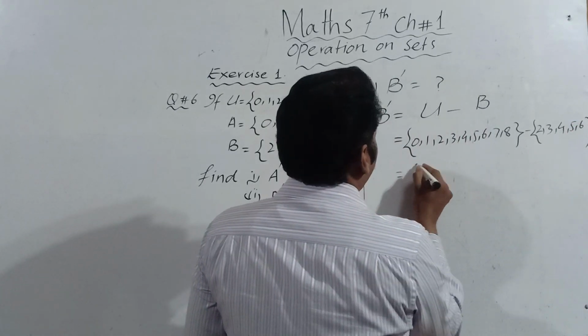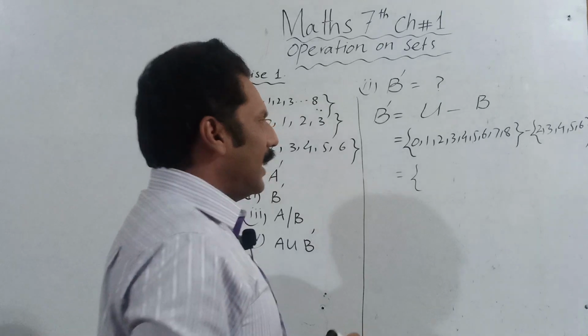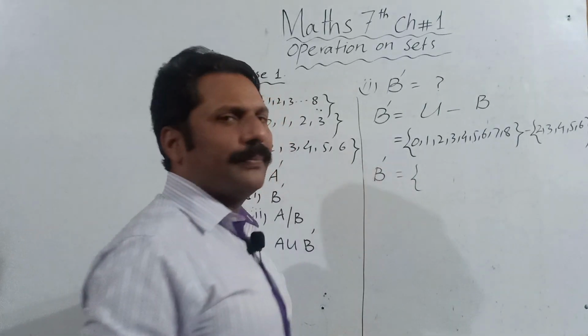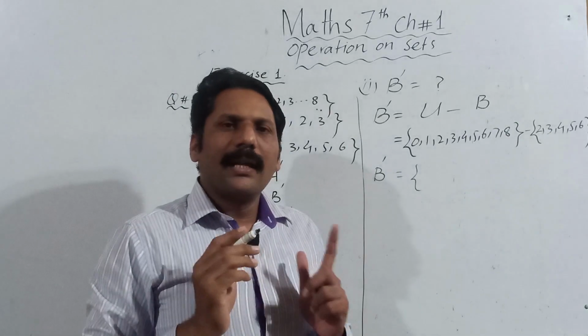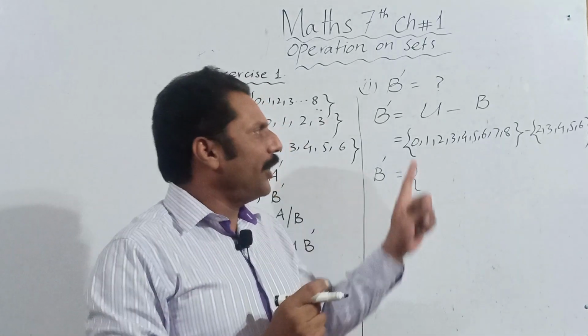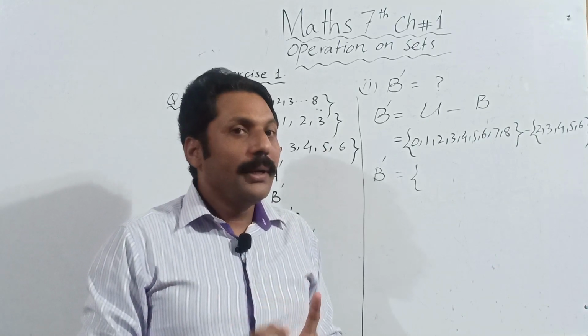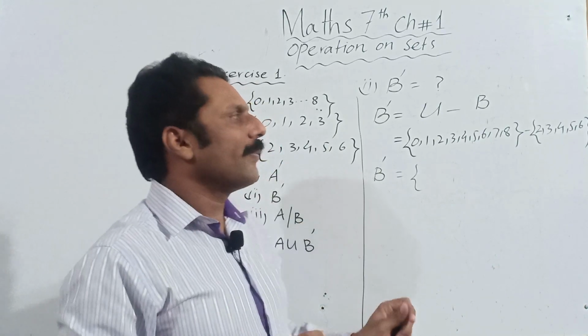Now we are going to write the answer of B complement. Again the concept: the elements which are present in U but not present in B.